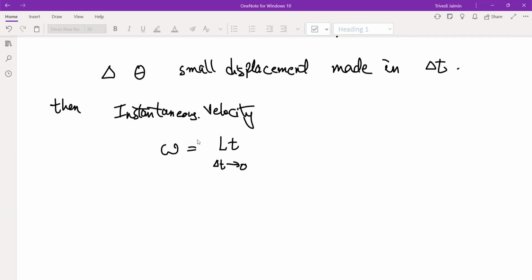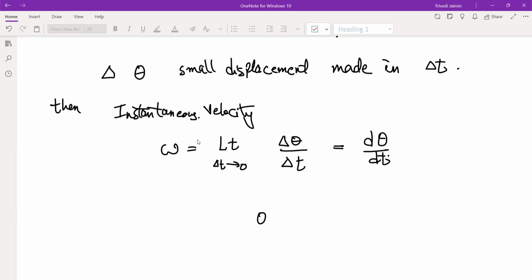I was directly starting from t equals to 0, but let's start this way. Delta theta by delta t, which we can write as d theta by dt. Omega is d theta by dt.